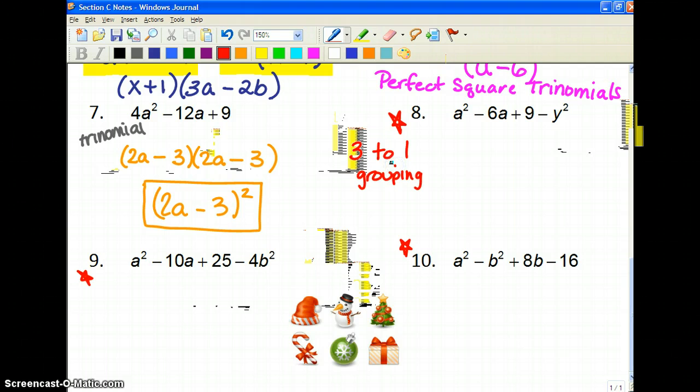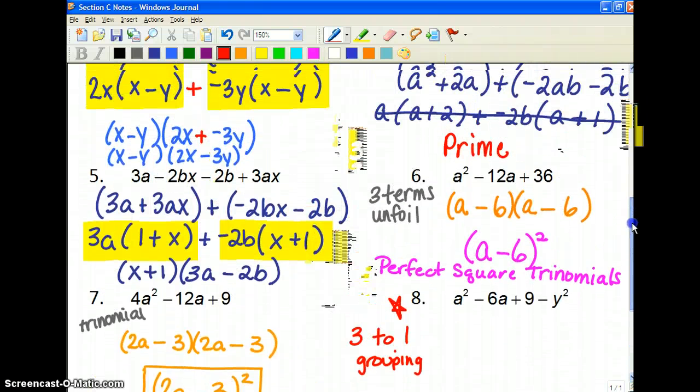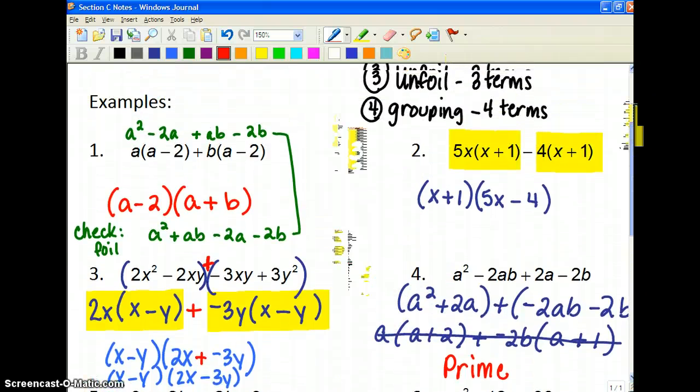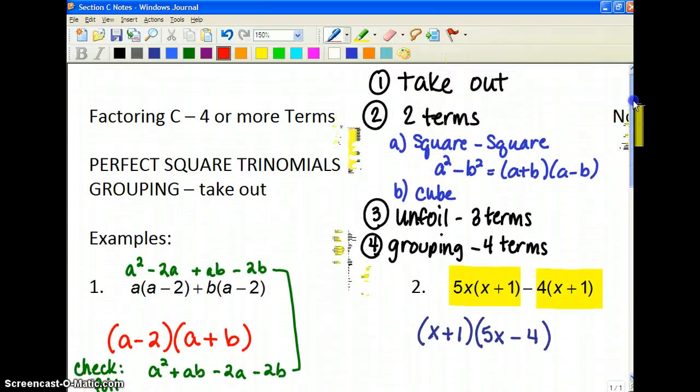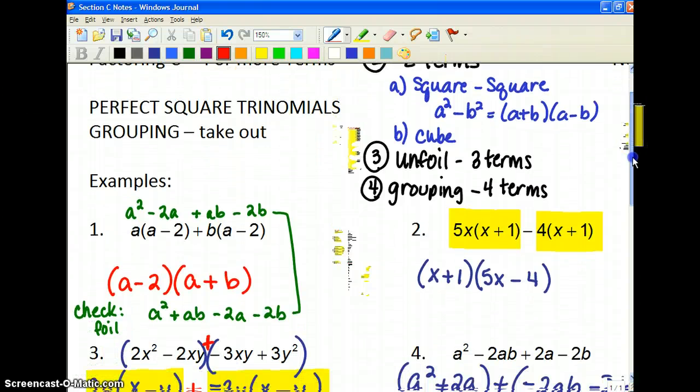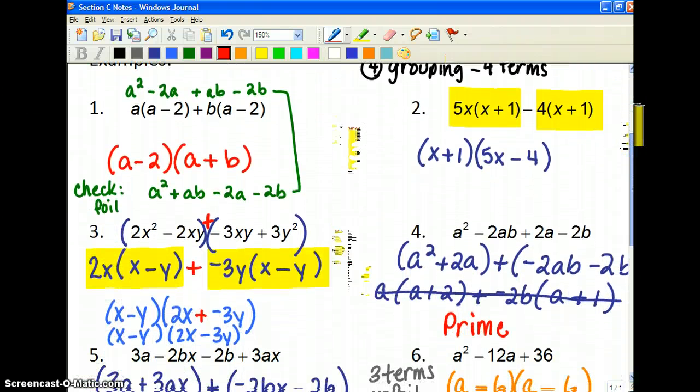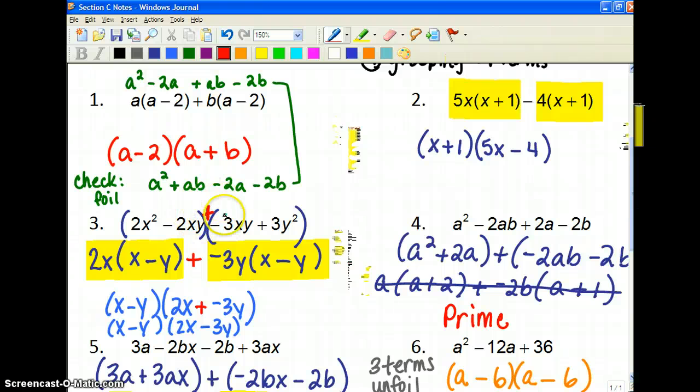Alright, now you got to prove to me that you've watched this video. So some things that you should remember. What are we doing in this whole section? We're factoring by grouping. What sign needs to be between your groups? That would be a good question for me to ask you. A plus sign needs to be between your groups. Okay?